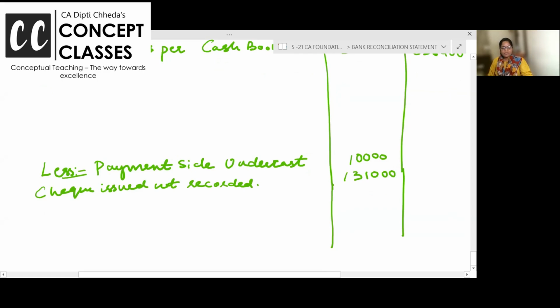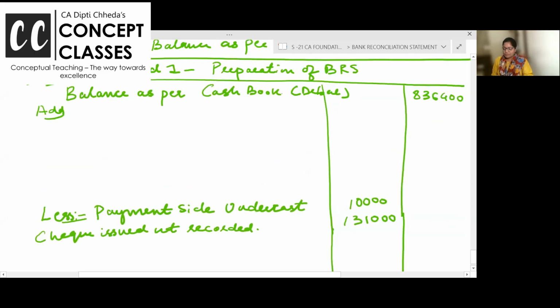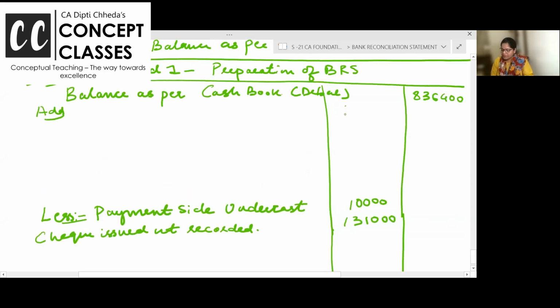Deposit of 150 was recorded in the cash book as if there are no bank columns. But if you deposit, you have to record it in the bank column. So you have not recorded. When you deposit the check, you should have debited bank. Not done, so now debit. Check deposited, not recorded. Now record. Debit.